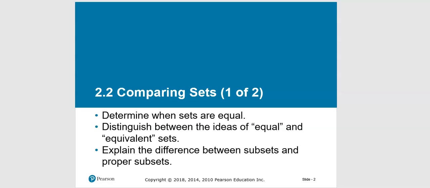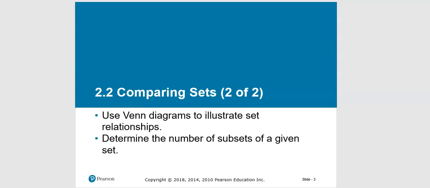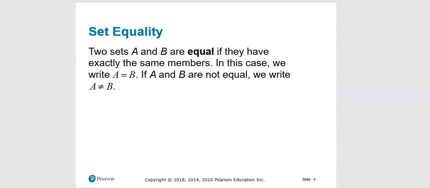Here we are going to talk about what will make sets be equal, what will make them be equivalent to each other, and we will introduce the idea of subsets. Hopefully we will start to really get into doing some stuff with sets, with some really nice examples of applications of sets. And without any further ado, let's get into what makes sets be equal.